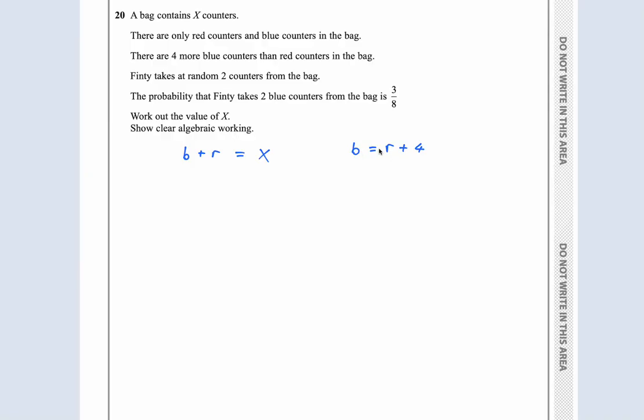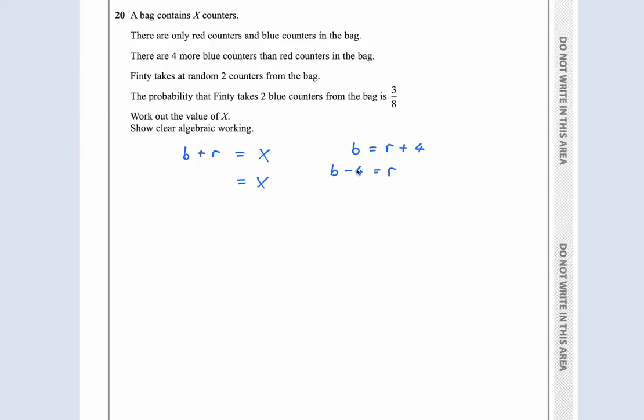Now the question says he's going to take 2 counters, and it gives me the probability that he takes 2 blue counters. So I actually want to write X in terms of B only. So look, I can change the subject to R here. It's B minus 4, if I subtract the 4.